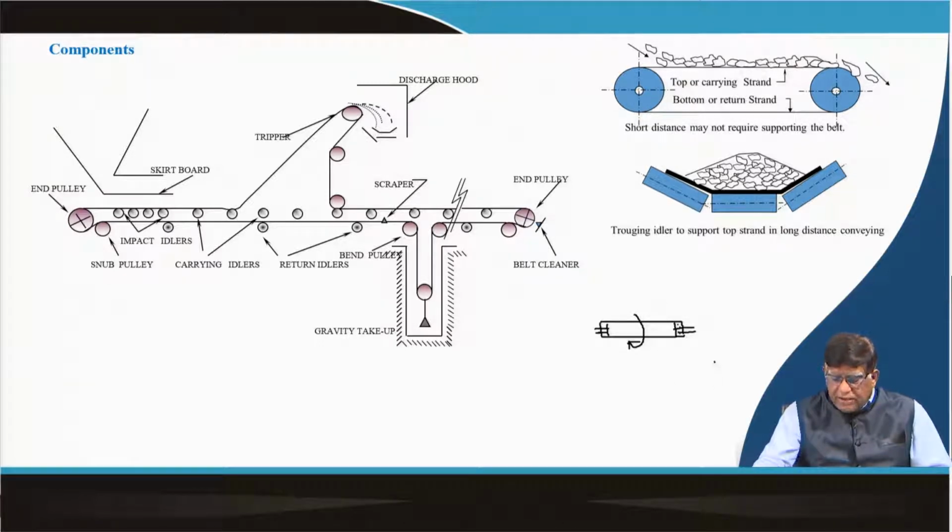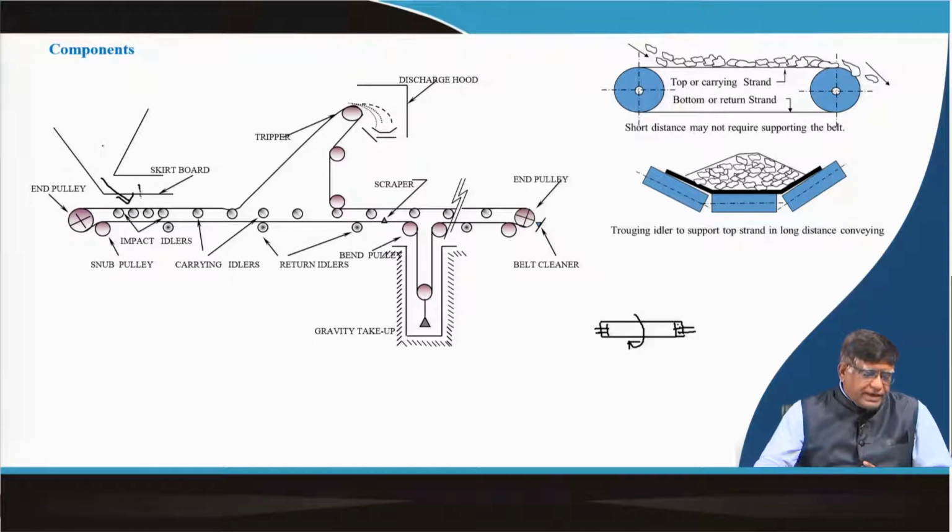When you are seeing the cross sectional view, we see it here as a circle. Now, you can see here very closely spaced circles. These are called impact idlers, because when material is fed, it could be fed by a shovel giving to a chute, or a dumper unloading over here, or from another conveyor belt, or from a silo, bin or bunker, then this material will be loading onto this conveyor belt.